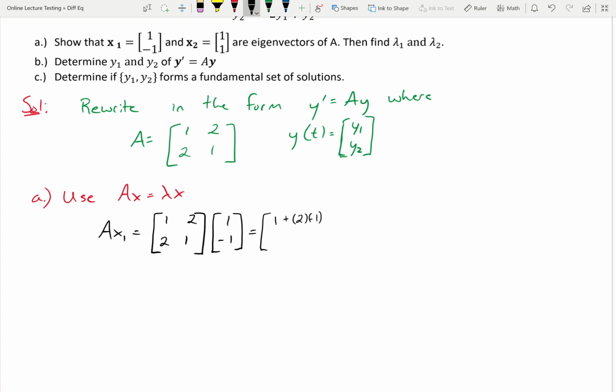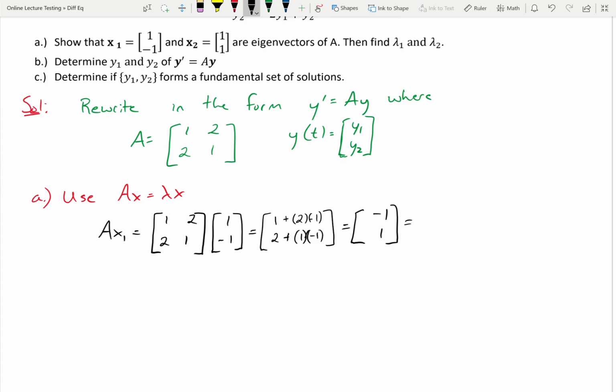And then row times column for the next element of this. So 2 plus 1 times negative 1. All right. Simplifying that, we get negative 1 and 1. Okay. We want to show that this is lambda x.